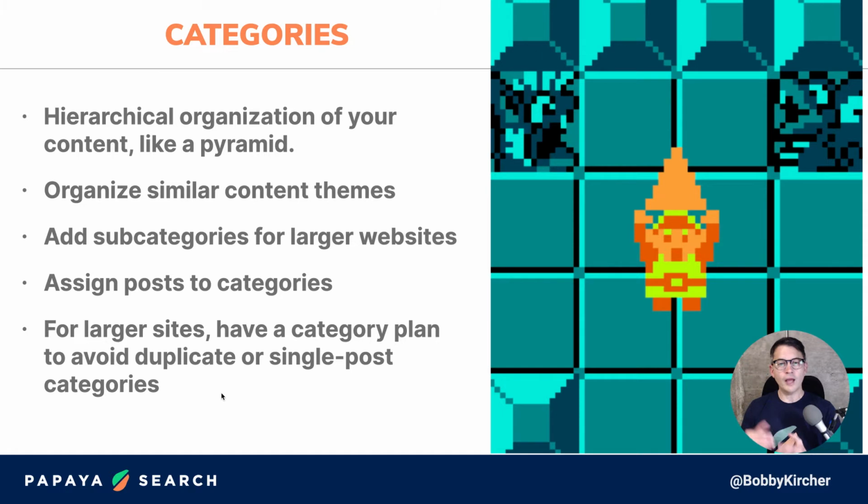I find that with larger sites, especially within WordPress, categories tend to get neglected. They're just sort of there, right? But I find that you can really get some good optimization when you write content for that category and optimize it. It can serve as a pillar content page.